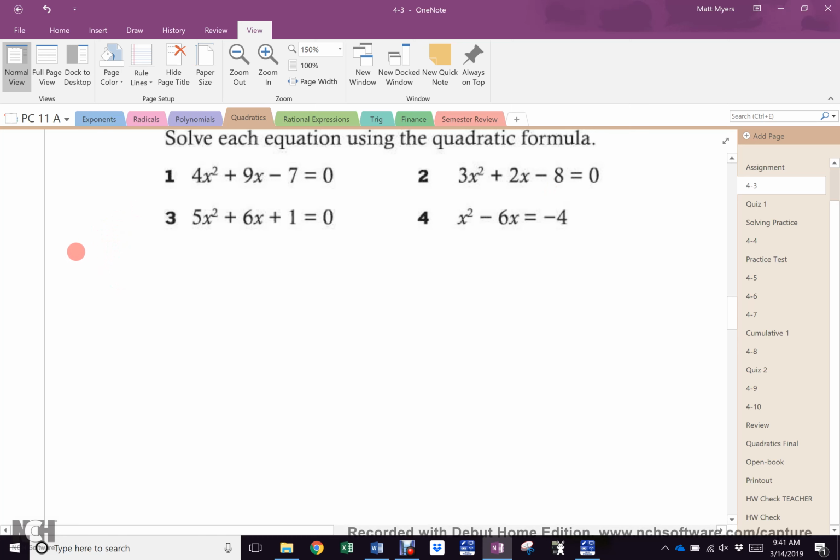Well, all right, I guess I'll do this. It is -9 plus or minus the square root of 80. I'll write it out full. 9 squared minus 4 times 4 times -7 over 2 times 4. And you get -9 plus or minus... -4 times 7 is 28.